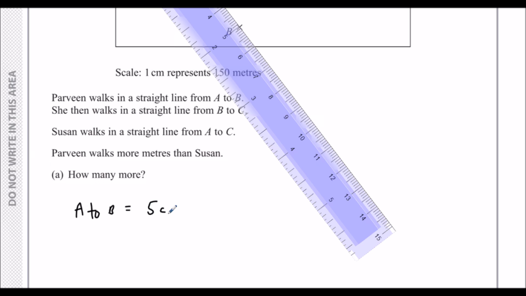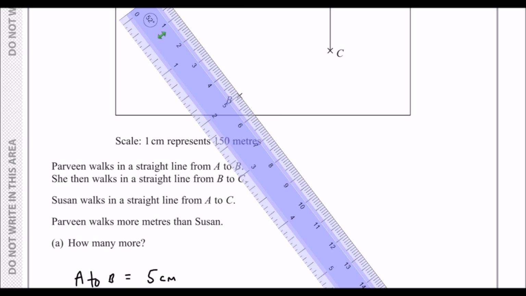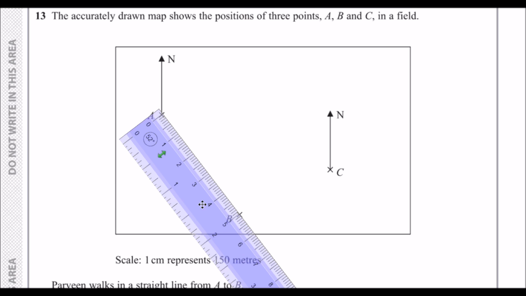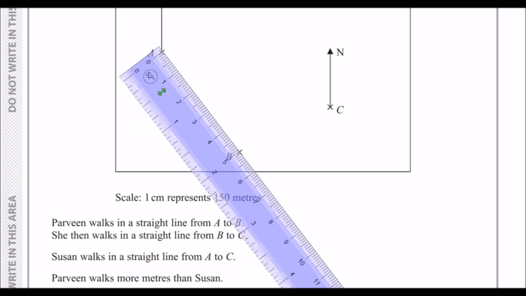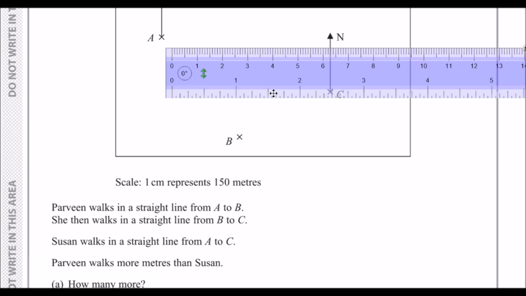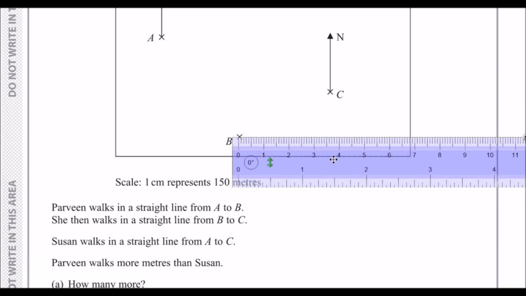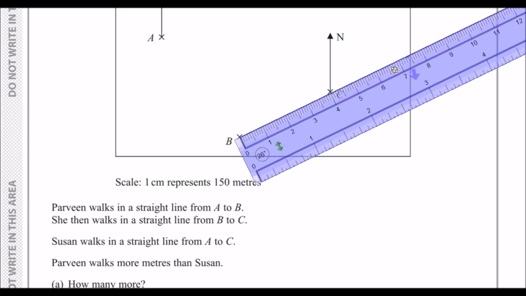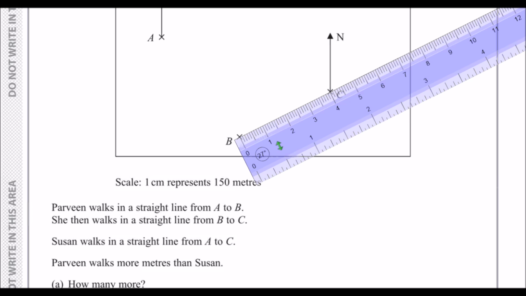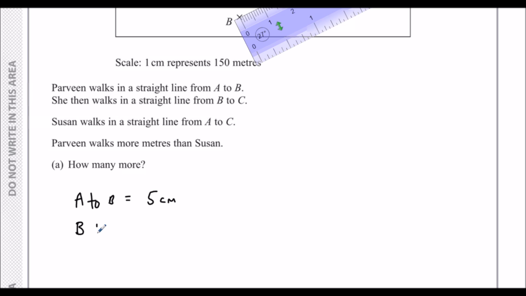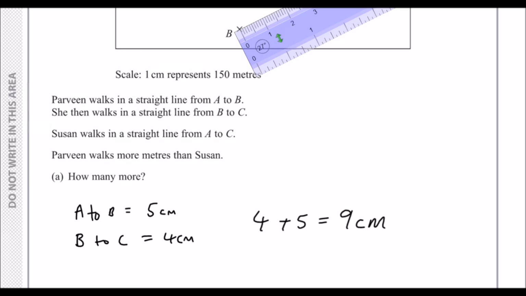She then walks from B to C. So from B to C is 4 centimetres. So Parveen walks 4 plus 5, which is 9 centimetres. We're going to have to convert that into metres, but we can do that by timesing by 150.